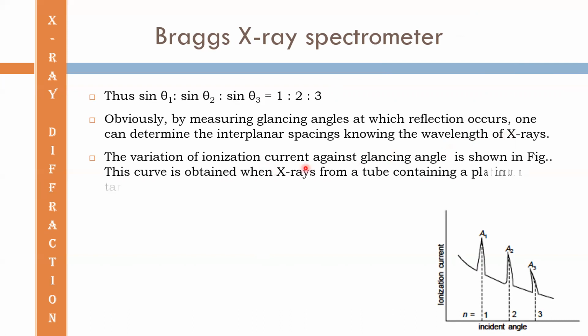That can be explained as follows. The variation of current against glancing angle is shown in the figure. The curve is obtained when X-rays from a tube containing platinum target were reflected by a crystal of rock salt.